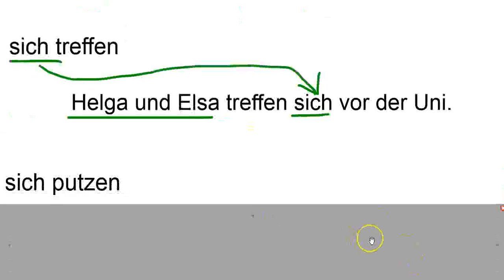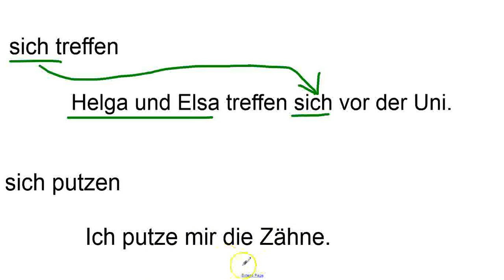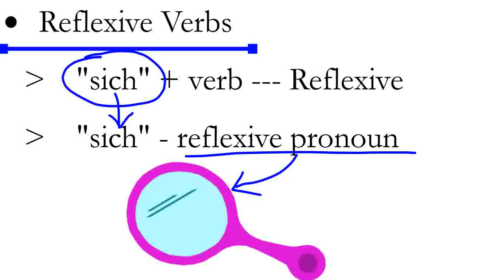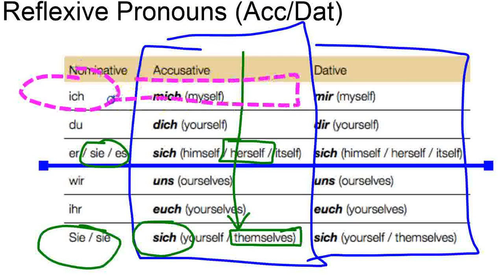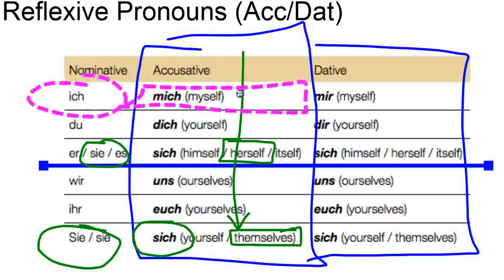Sich putzen, to clean, also sometimes to brush, especially when it comes to teeth. So here we have ich putze mir die Zähne. If you think about it, ich is the subject. So here we have two options. We have mich or we have mir.